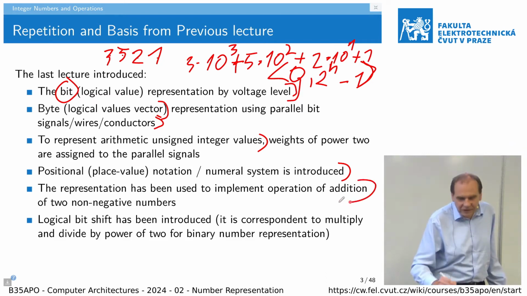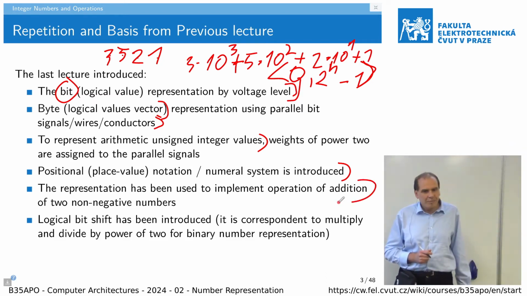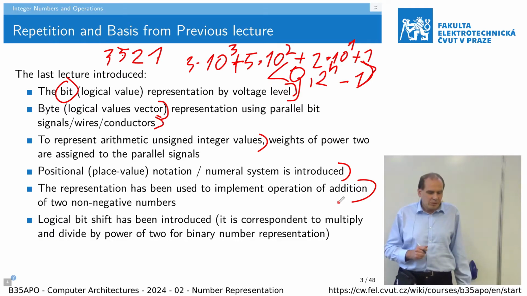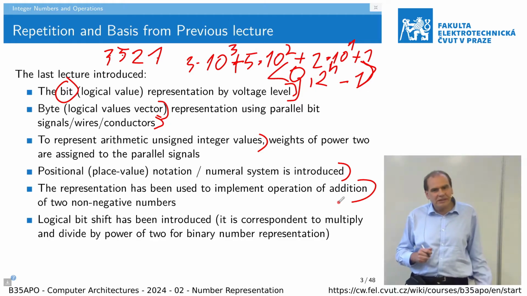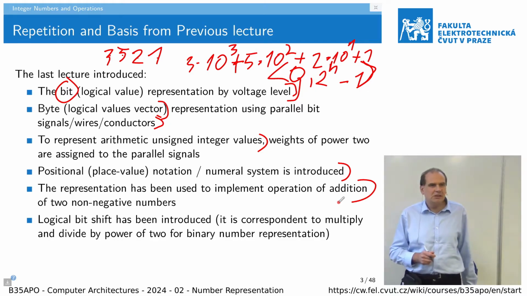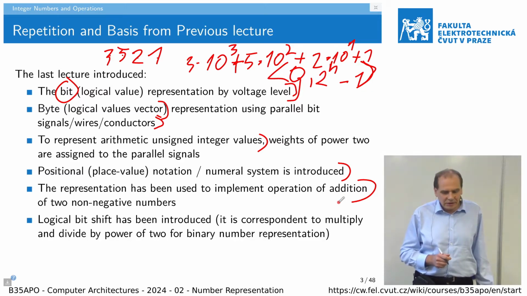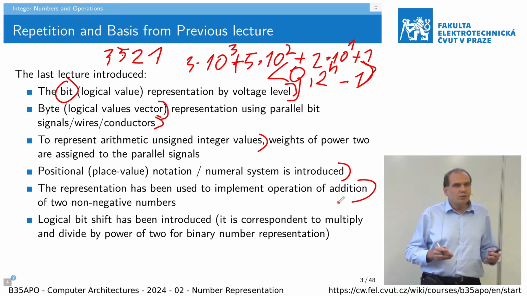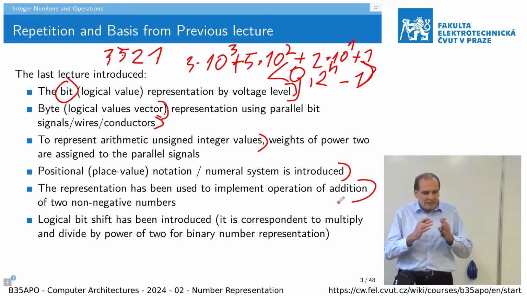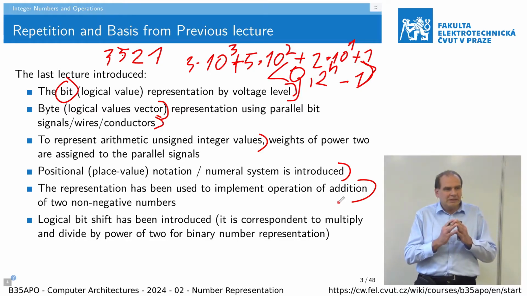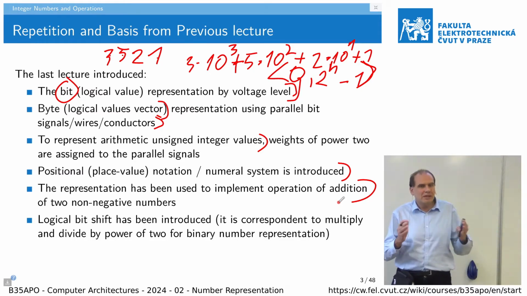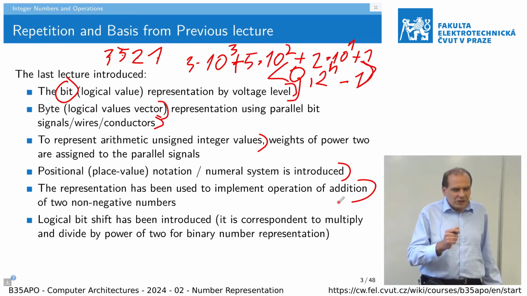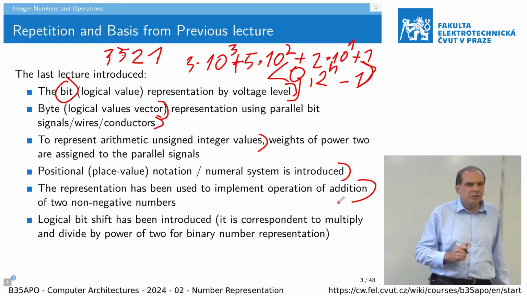We have used this representation to implement the addition operation between two non-negative numbers. And we have seen that even this simple operation is quite complex, because it requires propagating carry. If you do, for example, a logical AND or OR on multiple bits, then it is easy to parallelize, because each result depends only on the corresponding input bits.